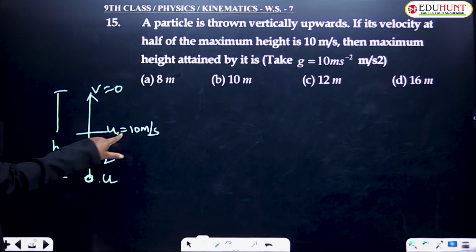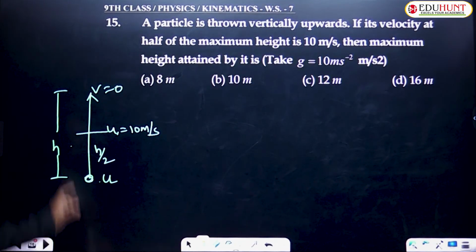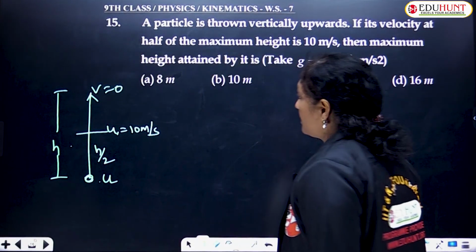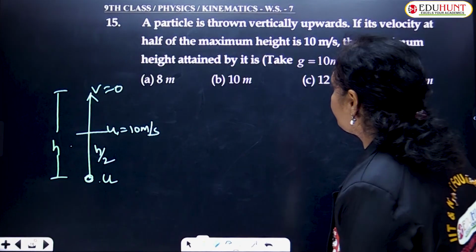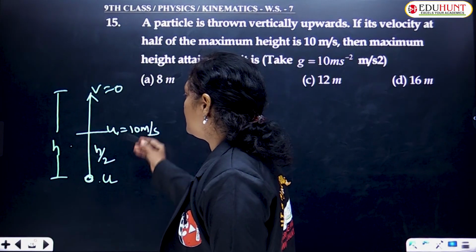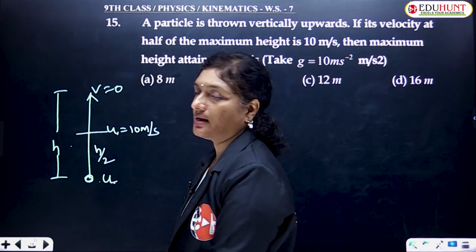Initial velocity is unknown, some u. Final velocity is 10, distance is h by 2. No other value was given. So here two unknowns are there: u is unknown, h is unknown.